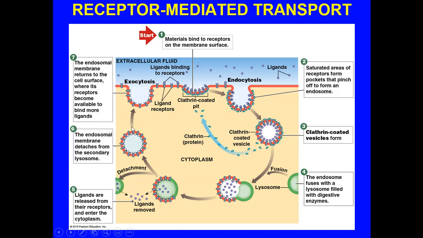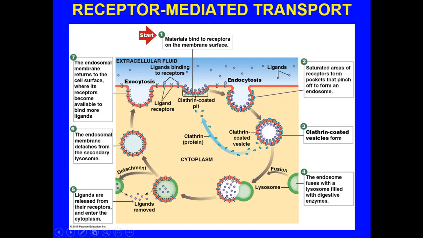If you start here, this is receptor-mediated transport, and you can see on the extracellular fluid these particular ligands. Ligands is just a generalized term for a molecule that binds onto a receptor. Here we have a dense setup of receptors, and when the ligands bind to them, the clathrin protein underneath will begin to form a pocket.